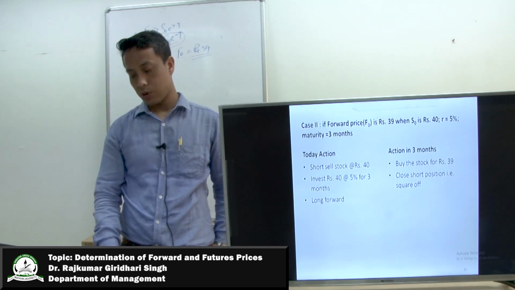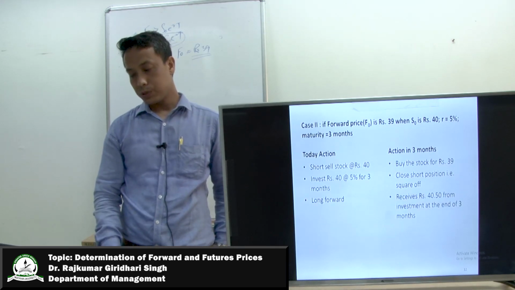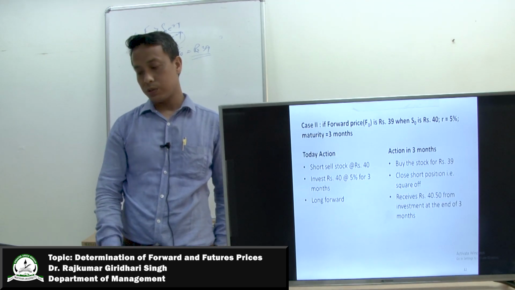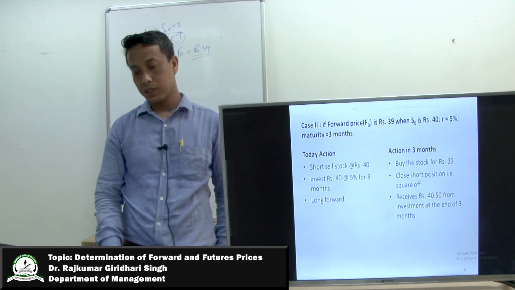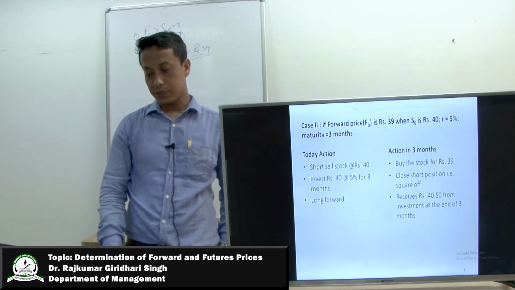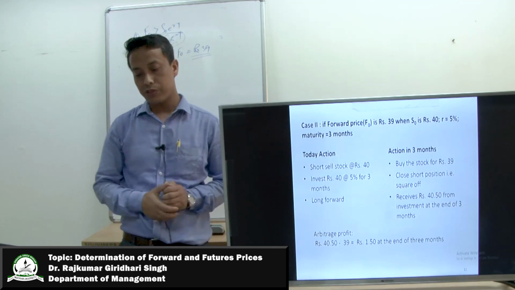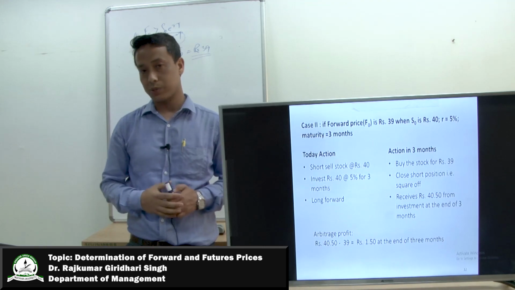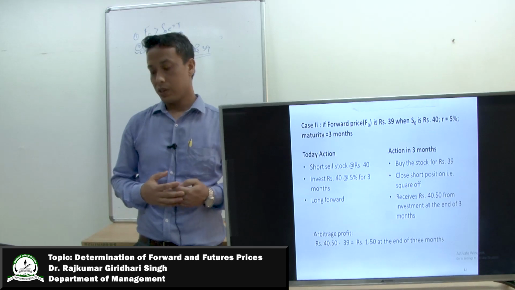Technically we call it a square off: whatever stock you borrowed, you return back to the lender. Now, the investment of rupees 40, when it is compounded, you receive rupees 40.5 at the end of 3 months. So in this case also, we have an arbitrage profit. And what is the arbitrage profit? 40.5 is the amount of money that we receive, whereas our cash outflow is only rupees 39. So in this case also, we end up earning a profit of rupees 1.5.